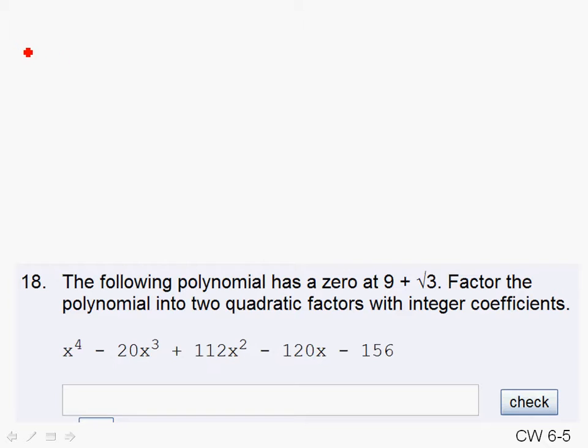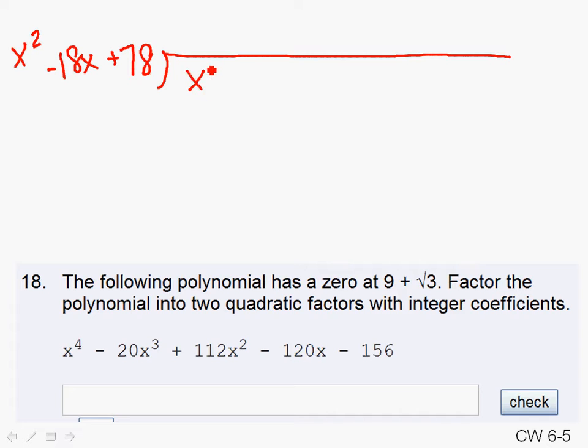So we're going to take our x squared minus 18x plus 78 and divide it into our x to the fourth minus 20x cubed plus 112x squared minus 120x minus 156.